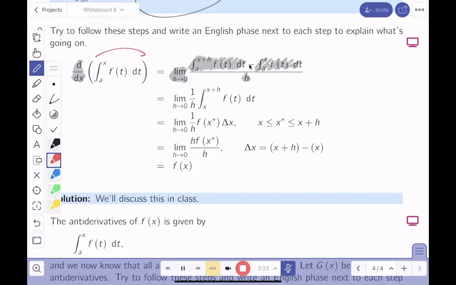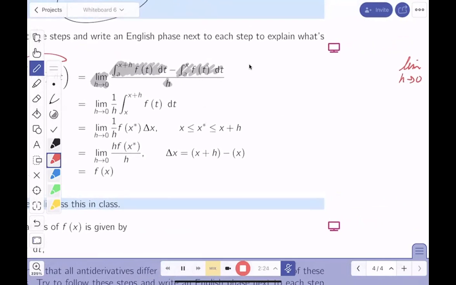So I'm going to draw a picture of this. I've got to draw a picture of it. So we're going from a to x plus h. That's this one over here. And the other one goes from a until x. And I'm going to say h is greater than 0, though it doesn't really have to be. I'm going to say I'm over here somewhere.